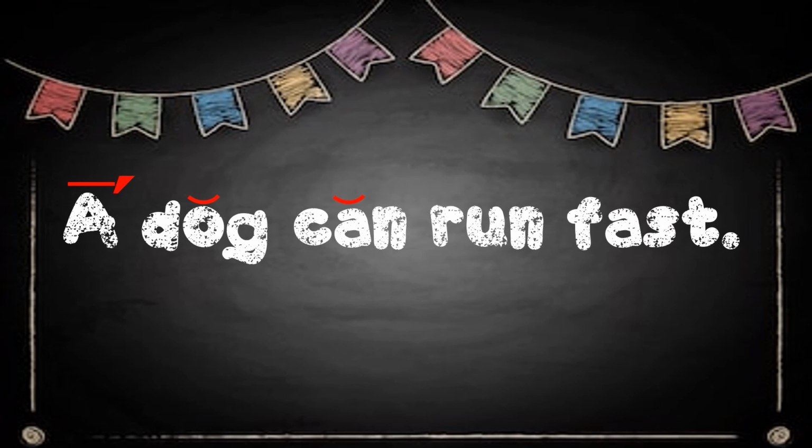Let's look at the next word. Do you see a vowel? Is it followed by a consonant? So we're also going to code it with a breve. And let's look at our last word. Do you see a vowel? Is it followed by a consonant? So it's also going to be coded with a breve.